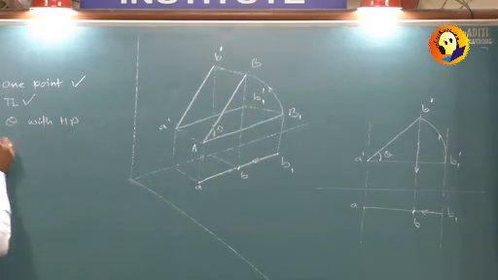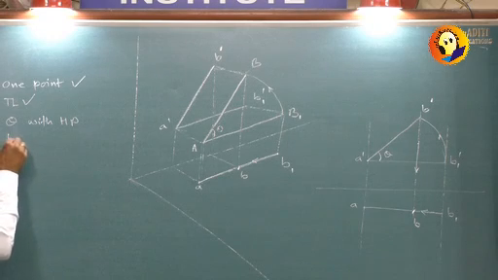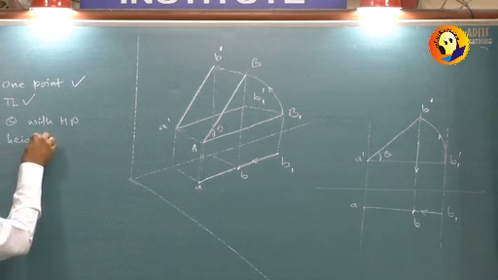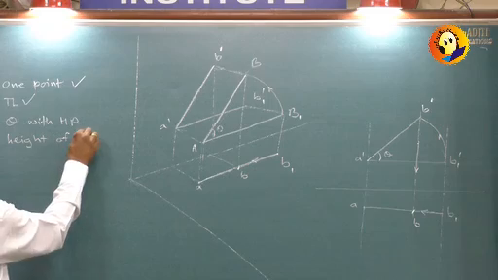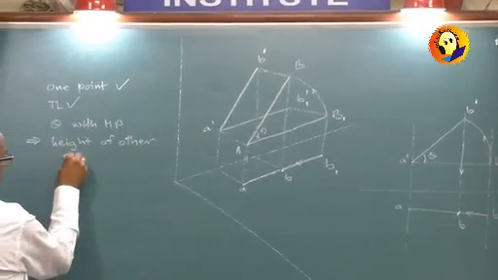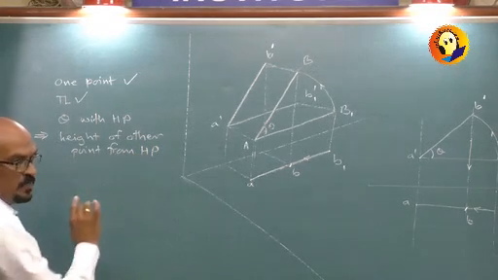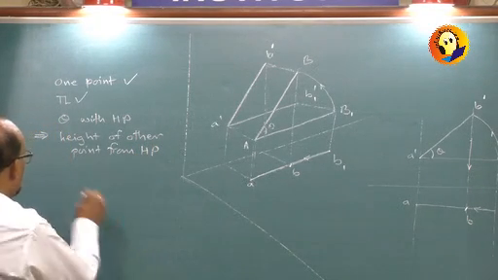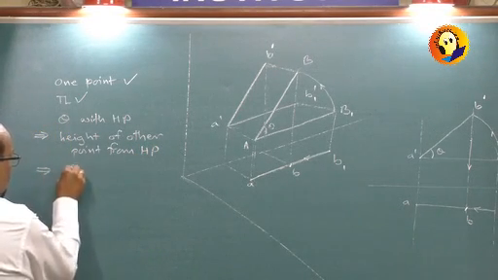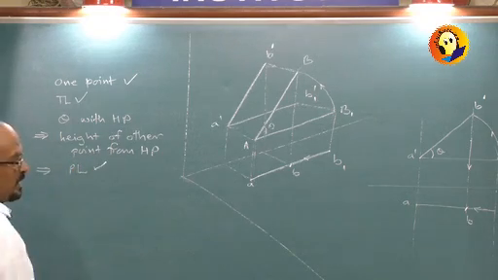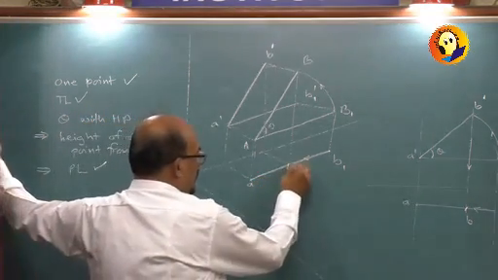So this results in the height of the other point from HP being fixed. This will also result in plan length being fixed. This is the plan length of the line.